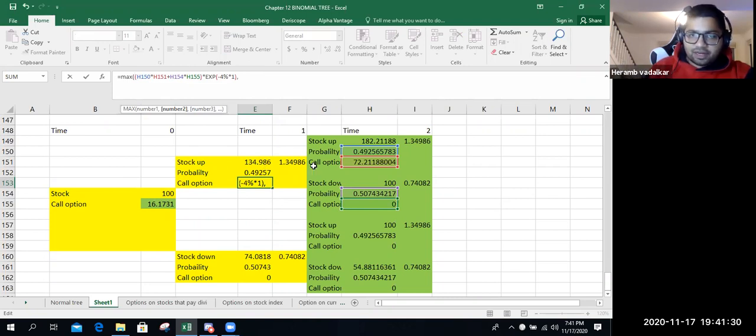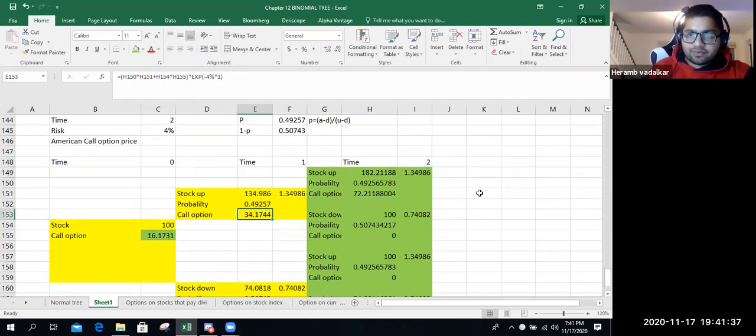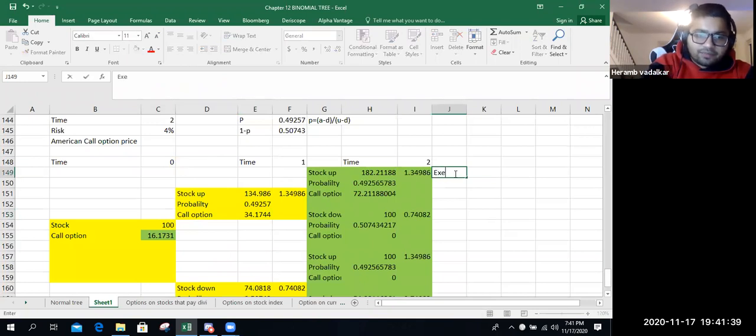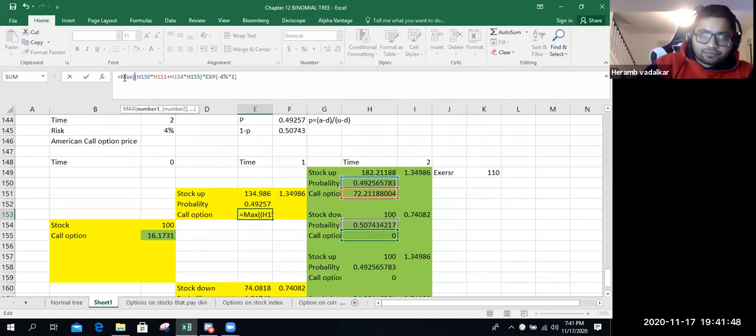If you exercise early, what was the exercise price? 110 was the exercise price. So I'll just note it here. When you use the max function, it will be max of calculated value and early exercise: stock price 134.98 minus 110.